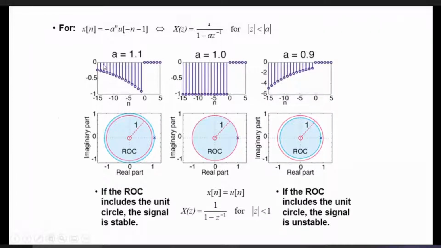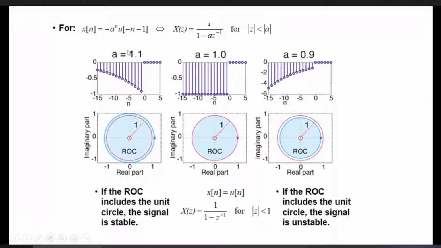The BIBO stability, bounded input bounded output, tells that the impulse response is summable. So if you add all these values, since it is decreasing, the summation of h of n will be finite. So that's why this is a stable system.